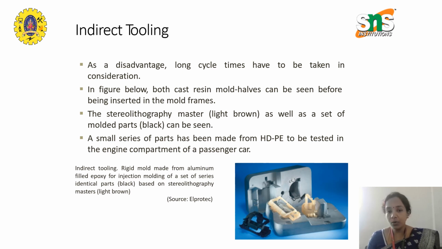In the figure below, both cast resin mold halves can be seen before being inserted in the mold frames. The stereolithography master, light brown, as well as a set of molded parts, black in color, can also be seen. So, whichever shape we want, we can make a mold for that, and based on the mold we can do mass production.